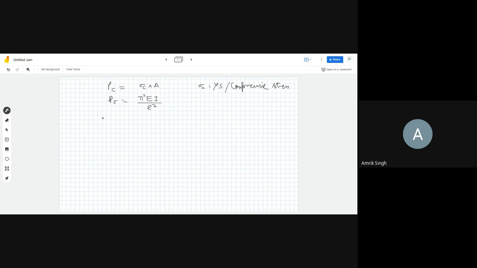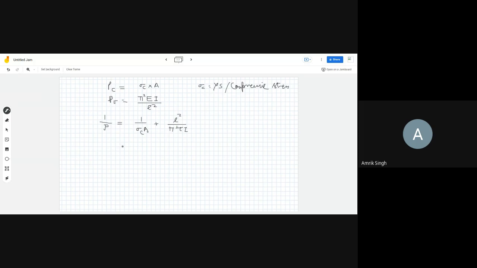So if you put it in the Rankine formula, 1 upon P is equal to 1 upon PC, that is sigma C into A, plus 1 upon PE, so it will be L square upon pi square EI.